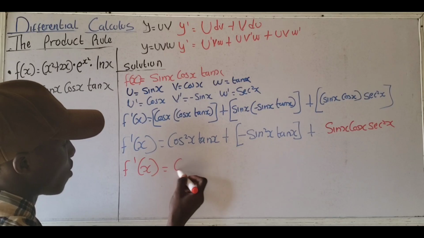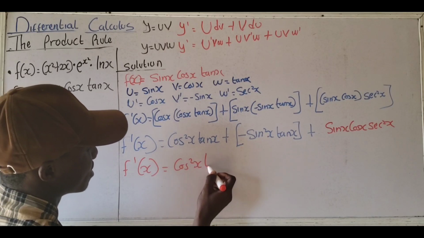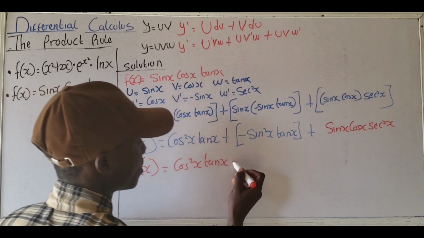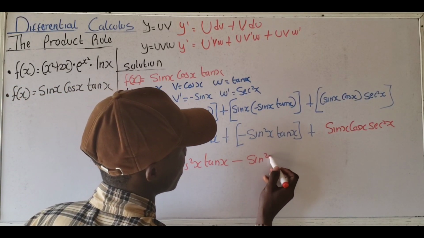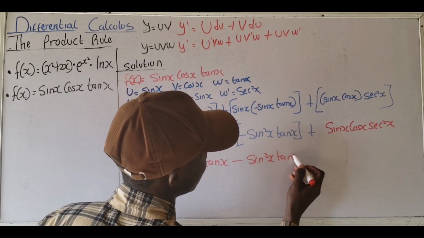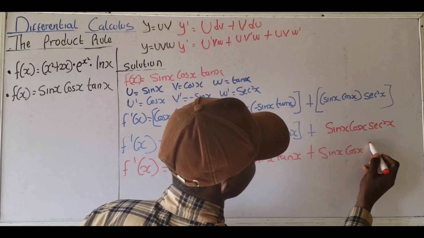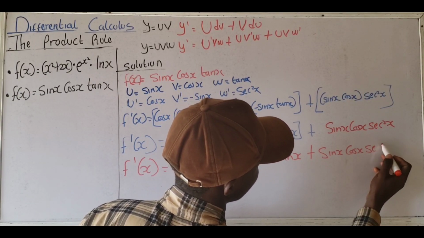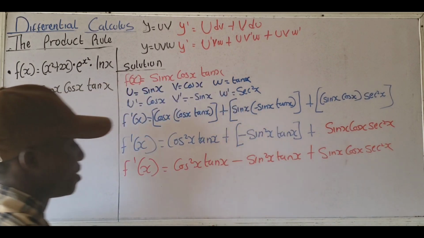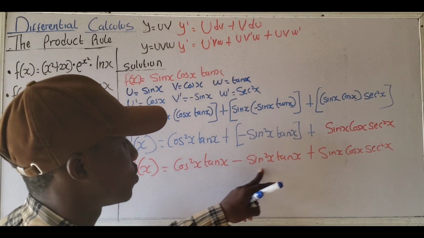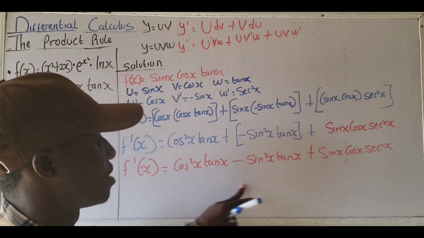Okay, let's proceed. Cos square x tan x. Now this positive and negative sign can open. I'm going to have minus sine square x tan x plus sine x cos x sec square x. Okay, now from this point, what is common to all the terms?